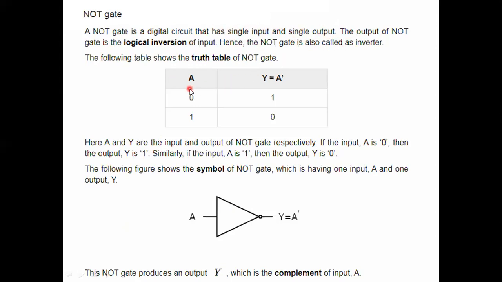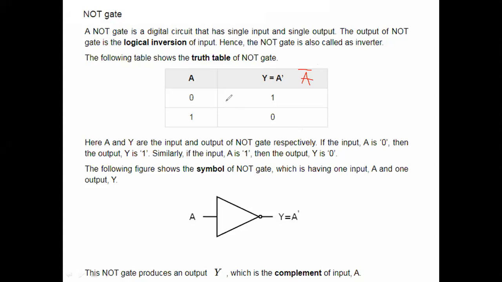So it is represented as: if A is the input, the output Y is equal to A complement, that means A dash or A bar. This will also be written as A bar.